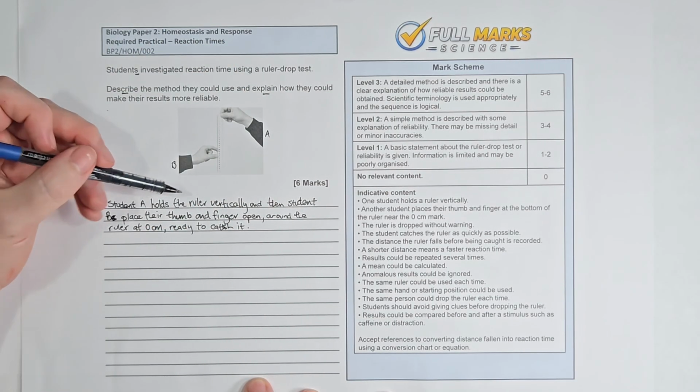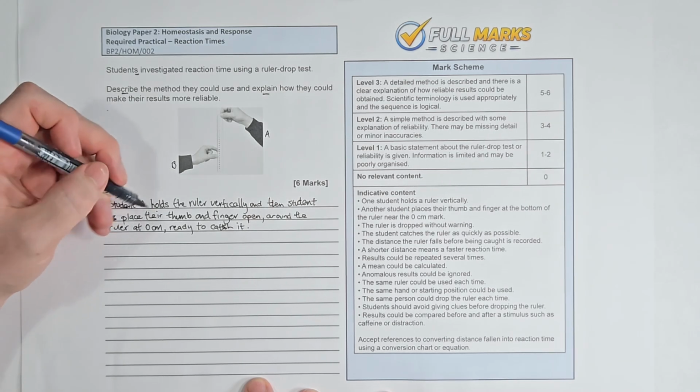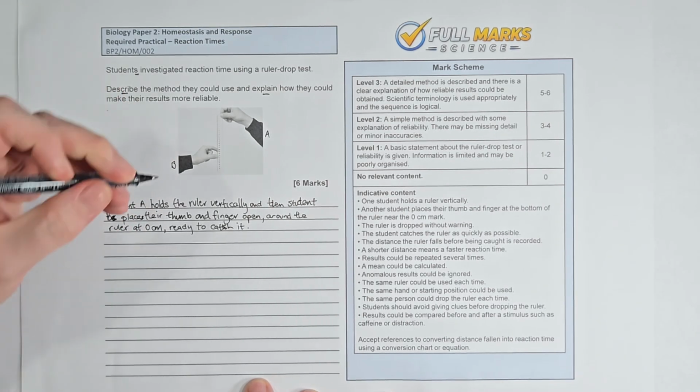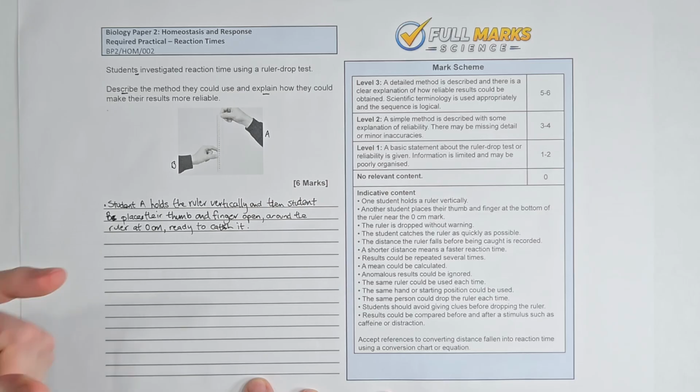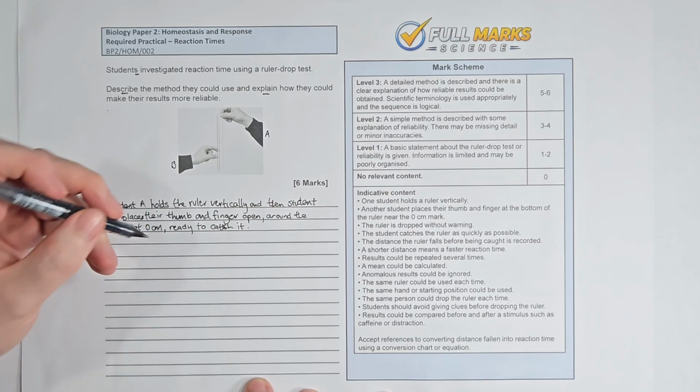So student A holds the ruler vertically, and then student B places the thumb and finger open around the ruler at 0 centimeters, ready to catch it.